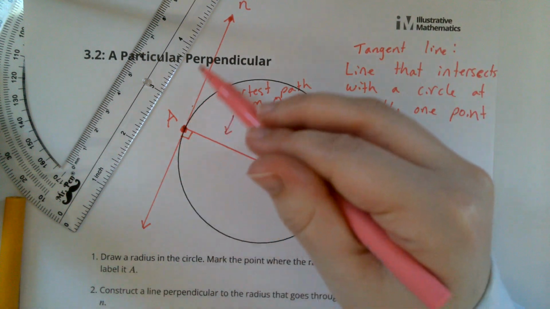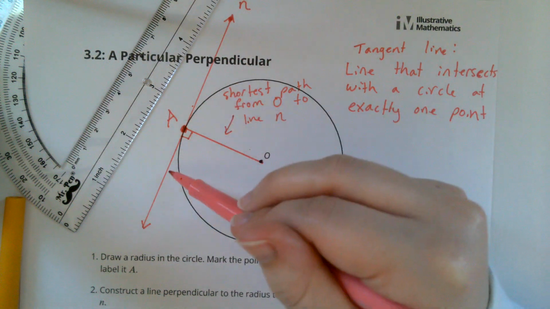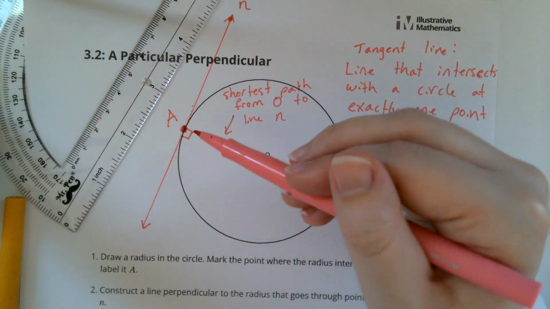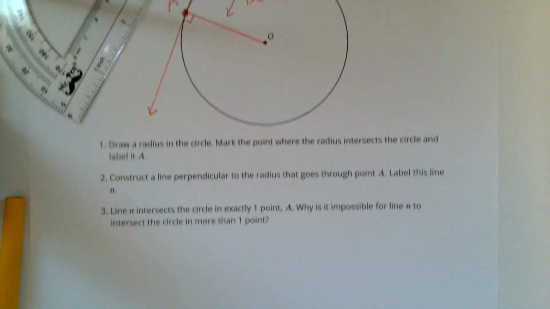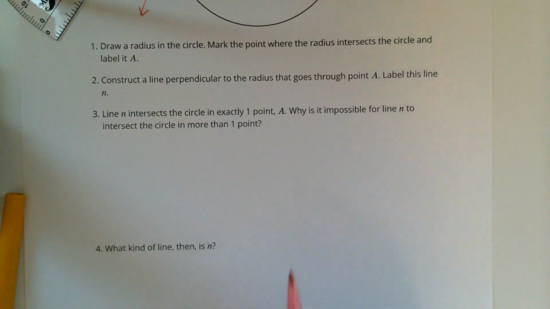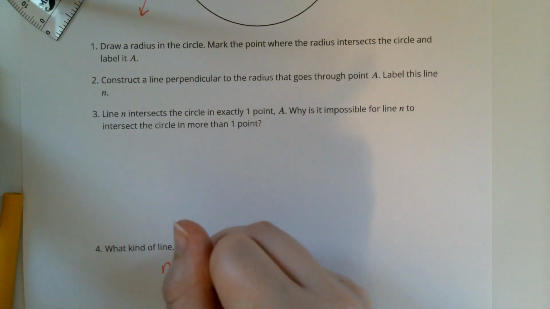So that means we have a tangent line here that intersects with a circle at exactly one point. So that's what we should write down here. What kind of line then is N? N is a tangent line.